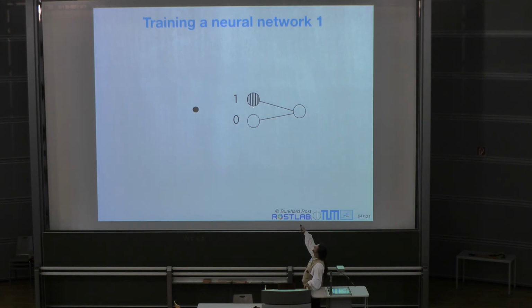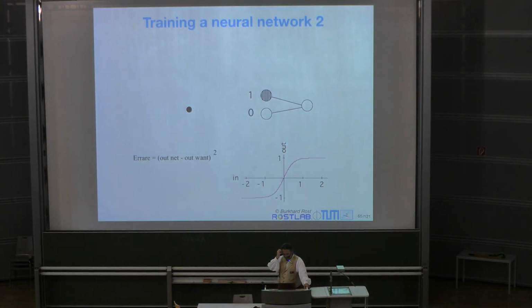In this particular case here, what you have is a vector of 1, 0. Now, the mistake that you make is simply what, doing your computation here, comes out minus what you expect, and then you square that. Clear, right?